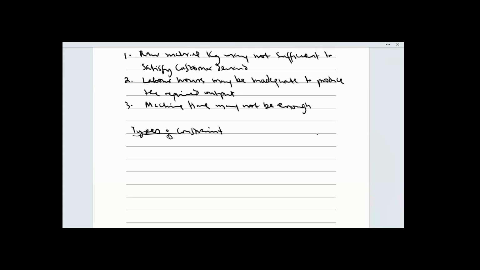Basically, there are two types of constraints. One, we have single constraints. Then two, we have multiple constraints.